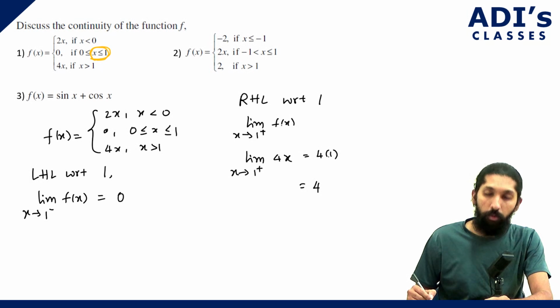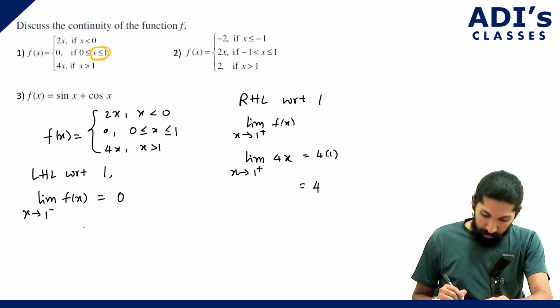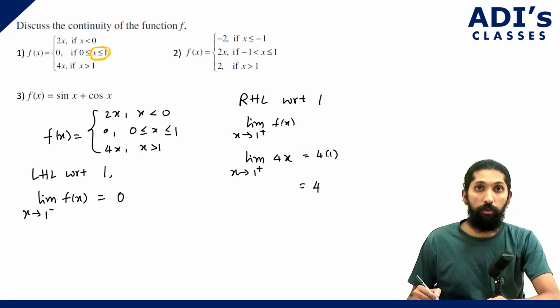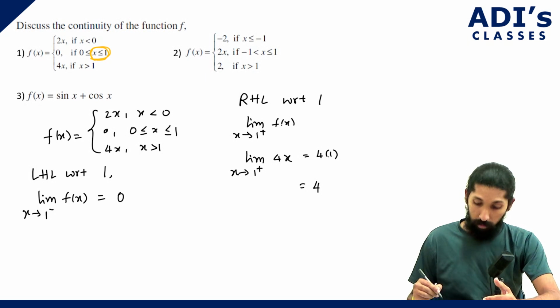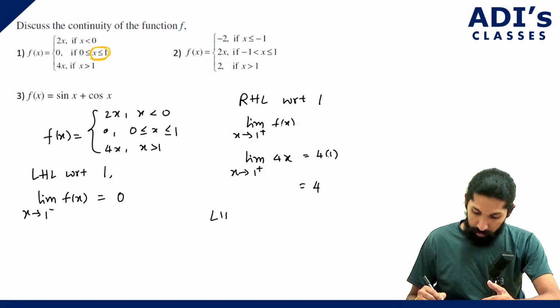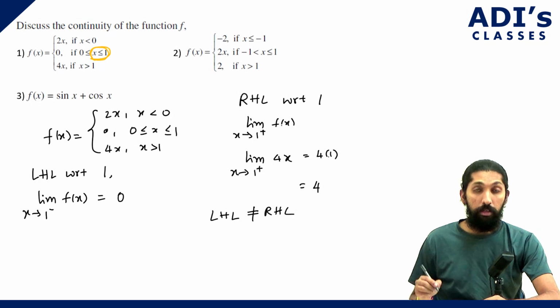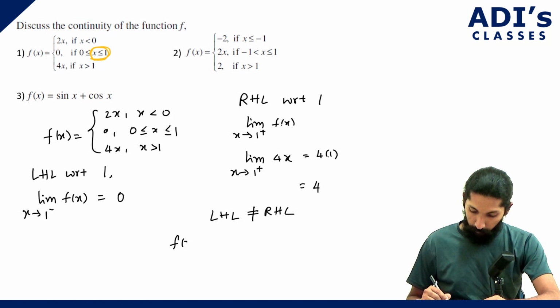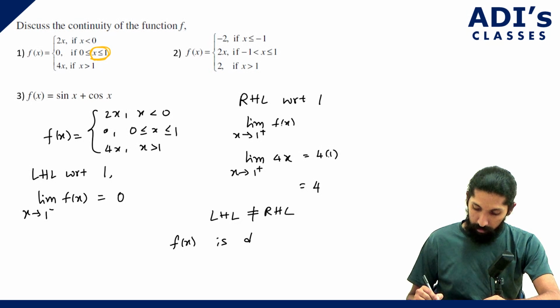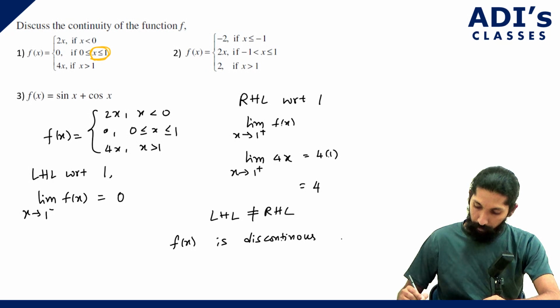See, my LHL is 0, my RHL is 4. They're not even equal. So what do we have here? LHL is not equal to RHL. So what can we say? So f of x is discontinuous at x is equal to 1.